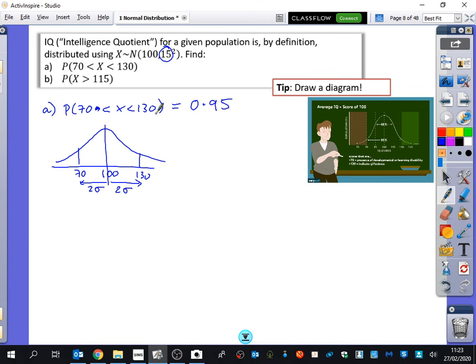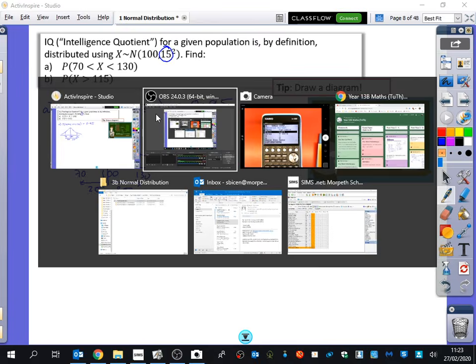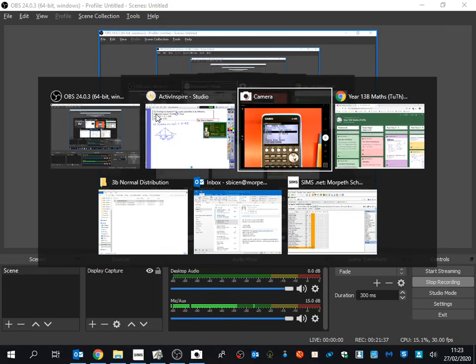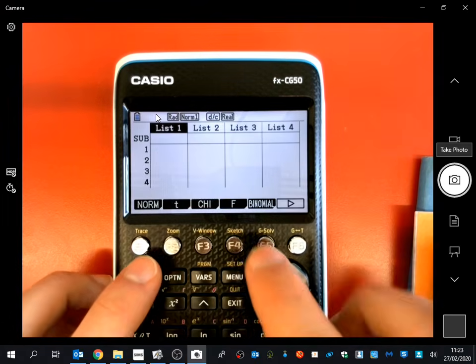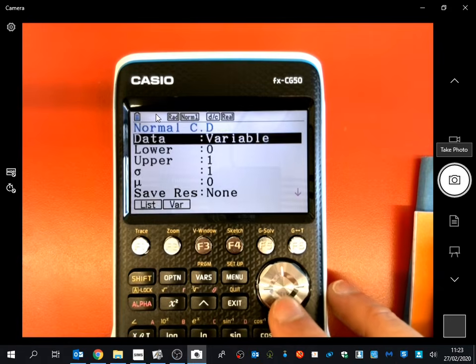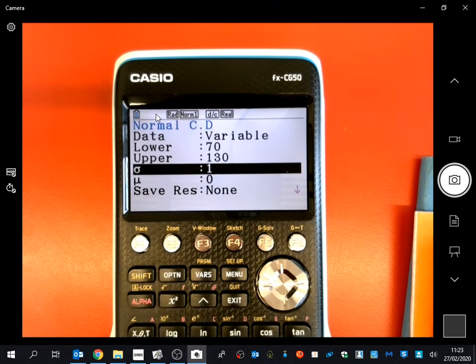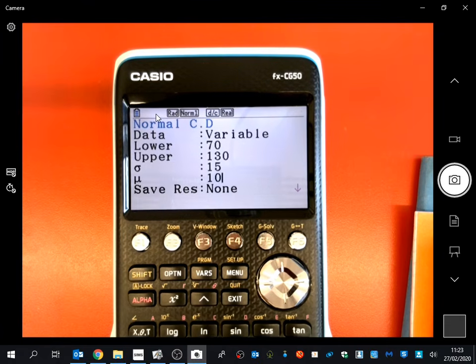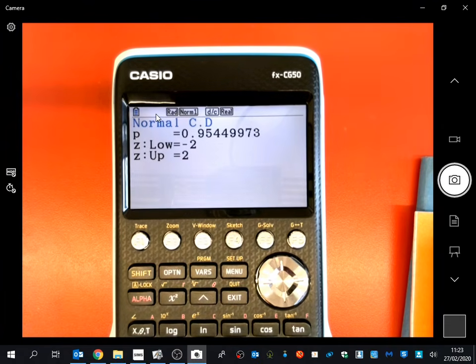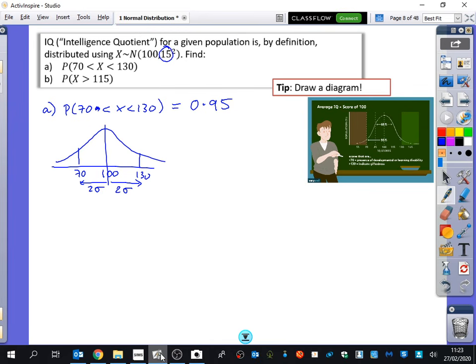So I'm just going to quickly try this out on my calculator. So the lower was 70, the upper was 130, the standard deviation was 15, and the mean was 100. So it doesn't give you exactly 95%, but you can see it's basically 95%. Okay, so that's what it is on the calculator version. We've just done it, though, like this.